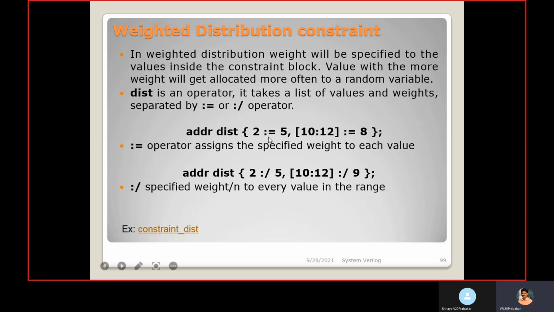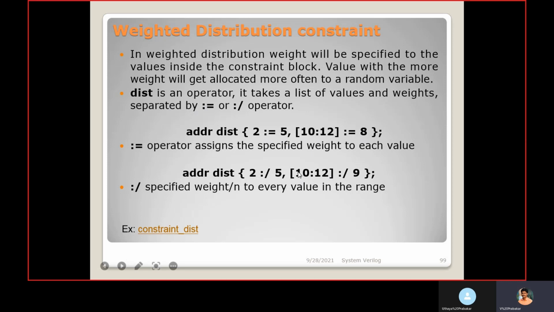The difference between colon equal and colon slash is that when you use colon equal, here weightage 5 is assigned for 2, and weightage 8 is assigned to each of 10, 11 and 12. If I use slash for the same, this weightage will be distributed across 10, 11 and 12.